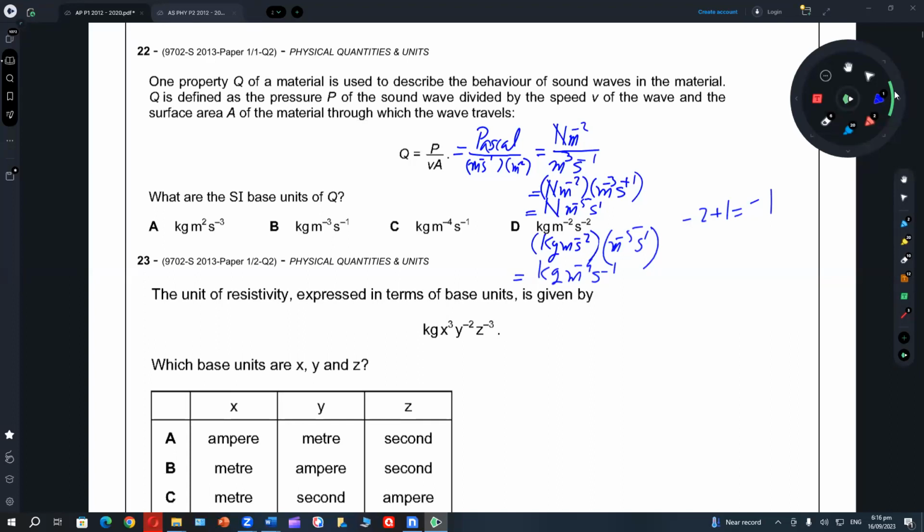Majority people are saying C. Good. If you have properly worked with me, you can always look at the working.